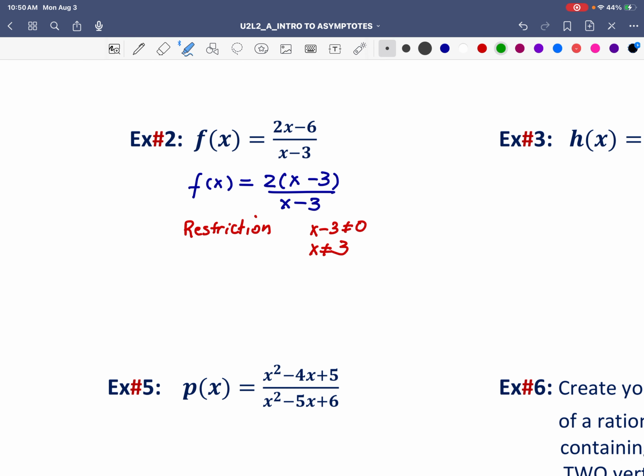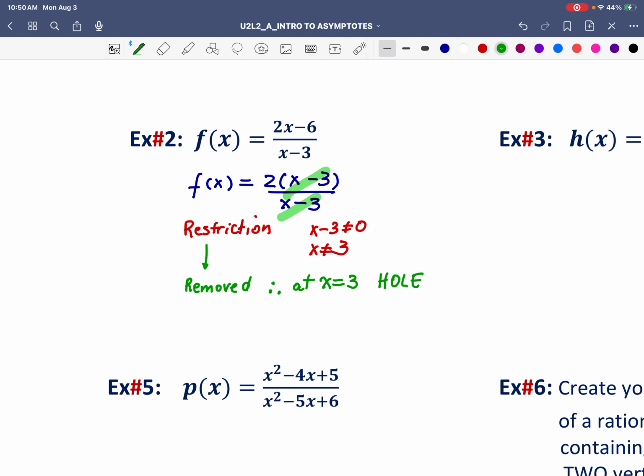And we're also going to say that the restriction is simplified or removed because of the common factor of numerator and denominator. Therefore, at x equals 3, the function will have a hole.